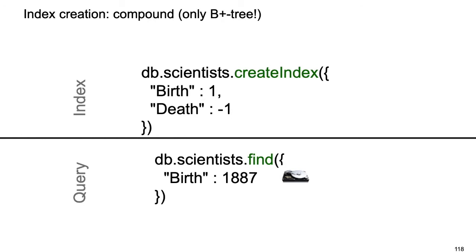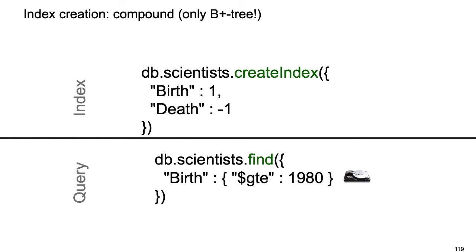It's an interval. It's an interval between the death in the same year and the death, hopefully as late as possible, maybe 120 years later, right? So this is why birth 1897 is actually a range query on this index. Who understands that? Okay. So you can query on birth and it's going to be able to use the index.